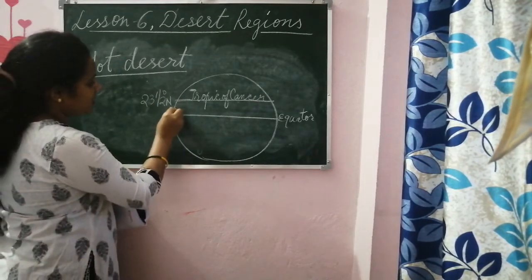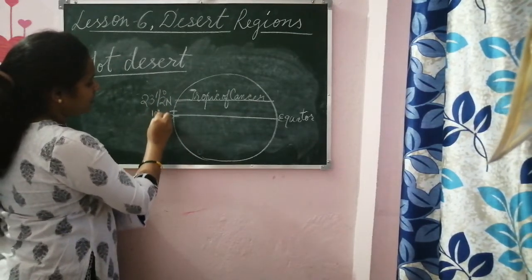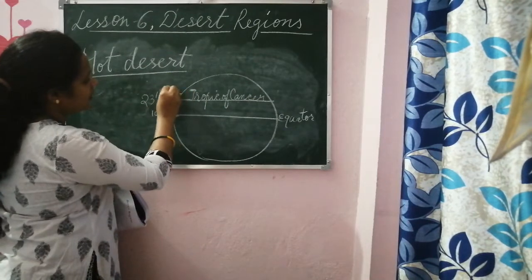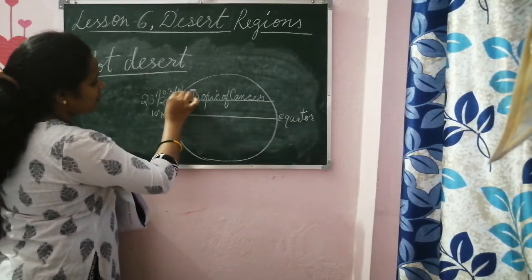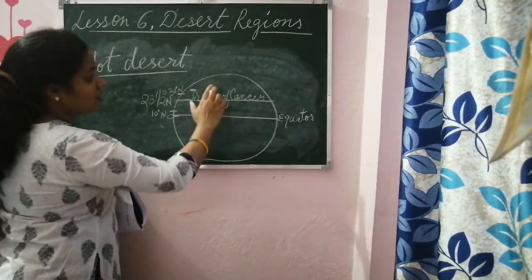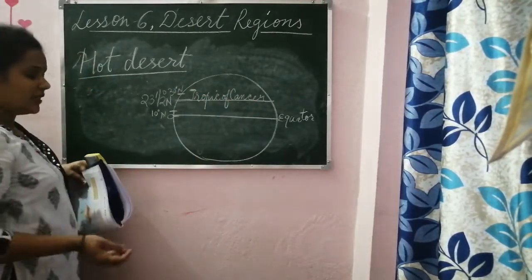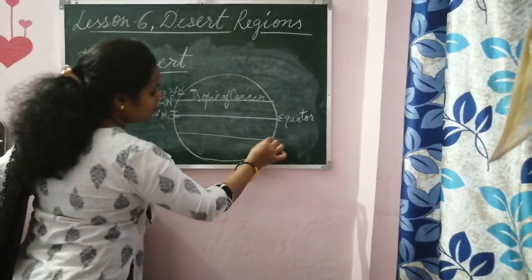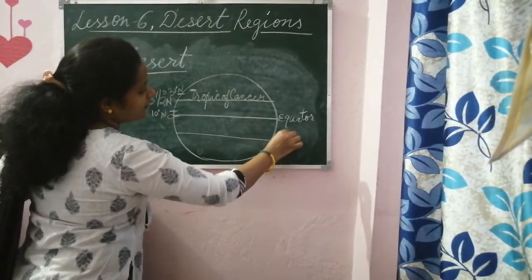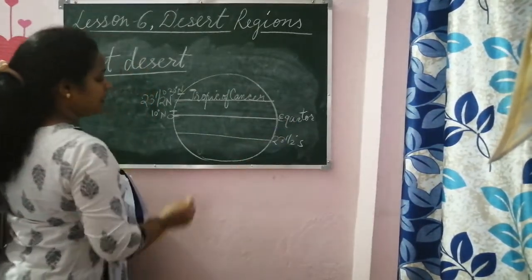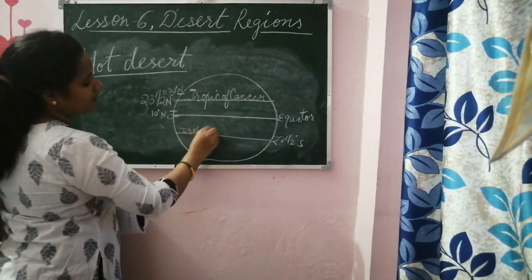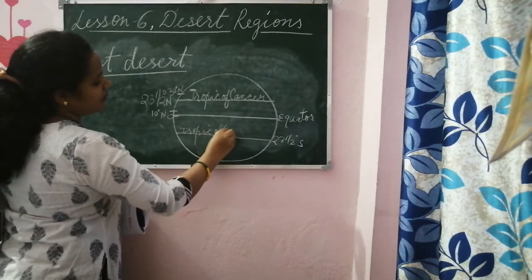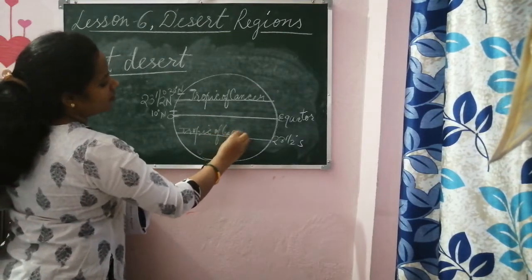So maybe 10 degrees here, from 10 degrees north to 30 degrees north. So all this area from here to here is your desert area. In the same way, if we go to 23 and a half degrees south, that is the Tropic of which line? Capricorn.